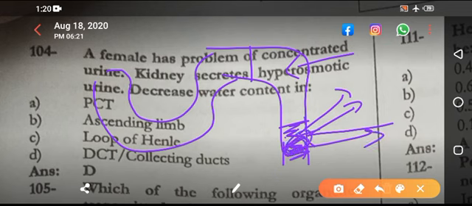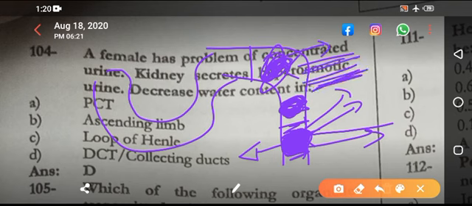So maximum osmolarity would be here, and there will be decreased water content. So this is medullary collecting duct. If that is not in the option, then I would pick the cortical collecting duct. If that is not in the option, then I would pick distal DCT, because more water is going to be absorbed and there is hyperosmotic urine.